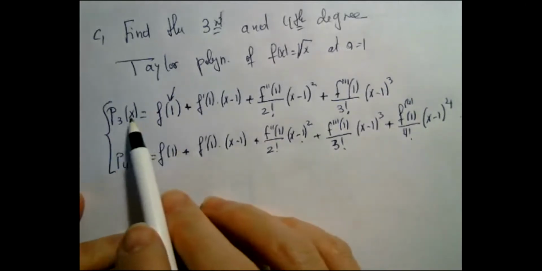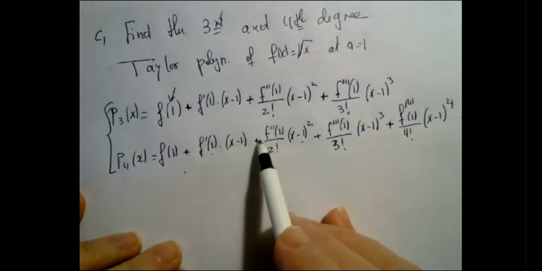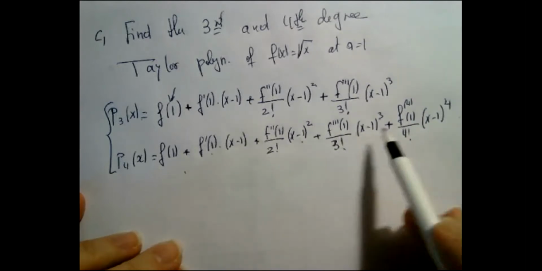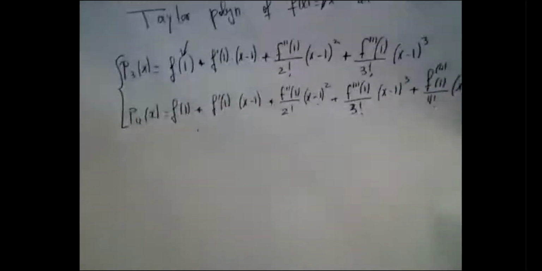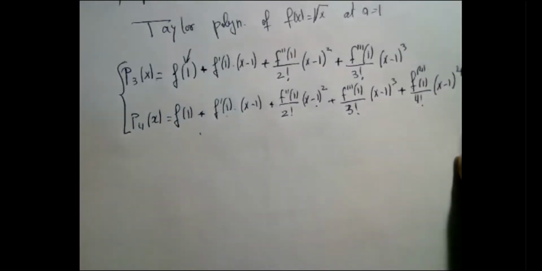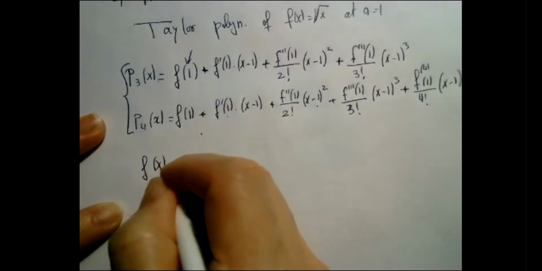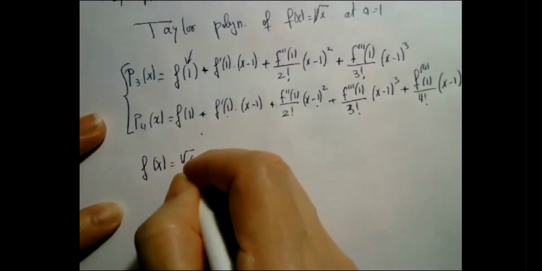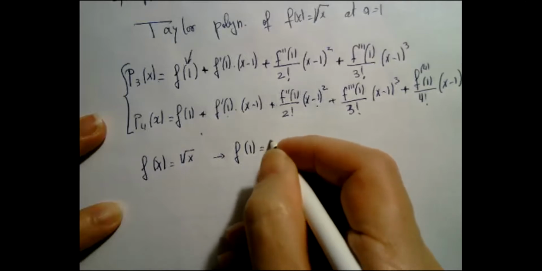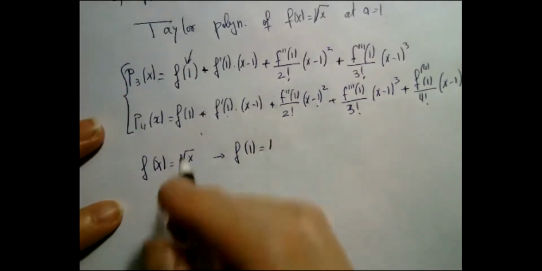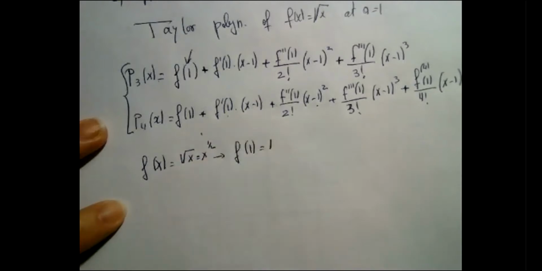To evaluate whether it's the third or the fourth, I need f of 1, f prime of 1, the second derivative at 1, the third derivative, and the fourth derivative. So I'm going to start by evaluating these, and then I just plug them into the formula. So let's do that. My function is the square root of x. F of 1 is 1. Now the derivative. To find the derivative, I rewrite it as a power.